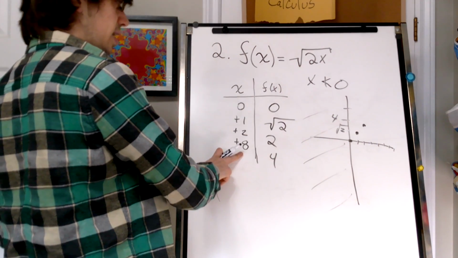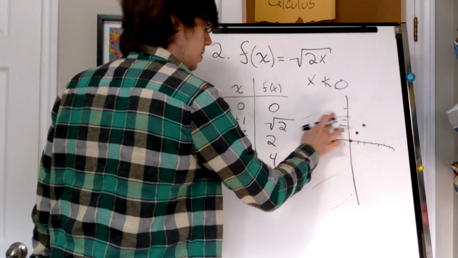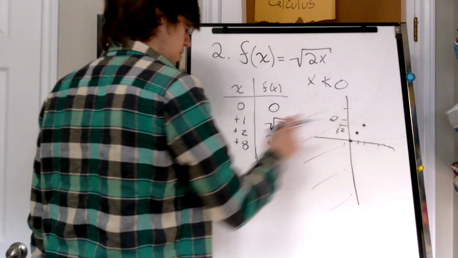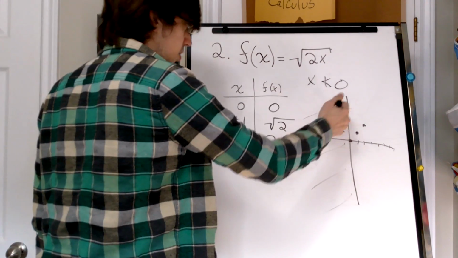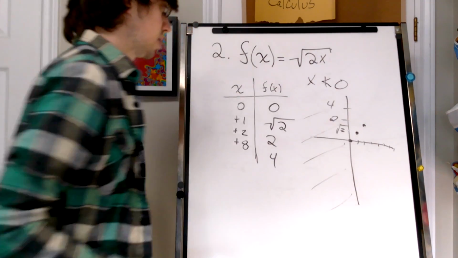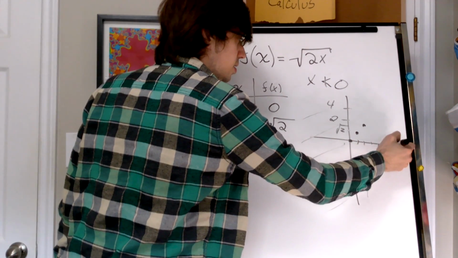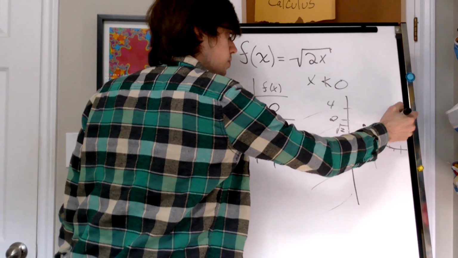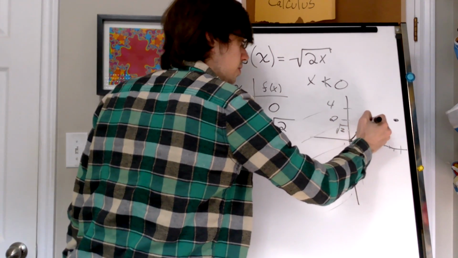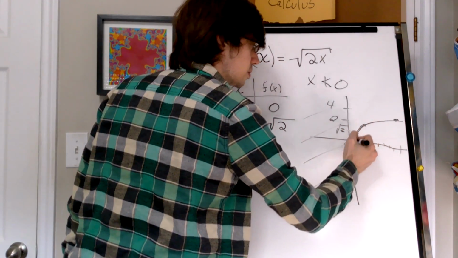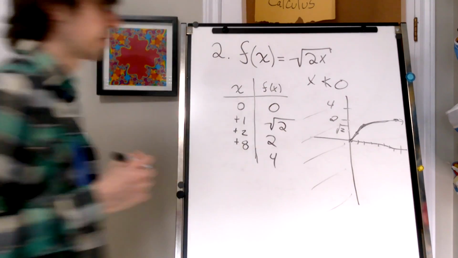But then by 8, we've only gone up to 4. 1, 2, 3, 4, 5, 6, 7, 8. So this curve is kind of going off that way.